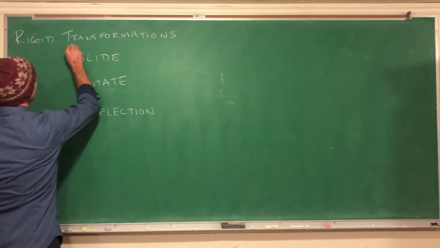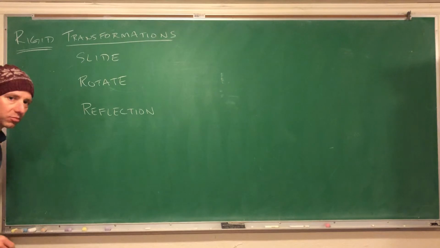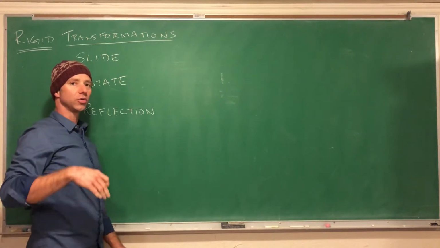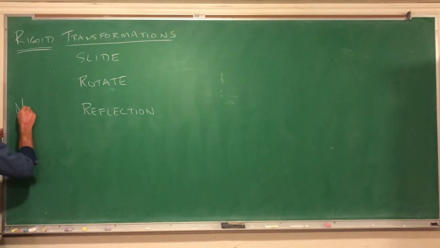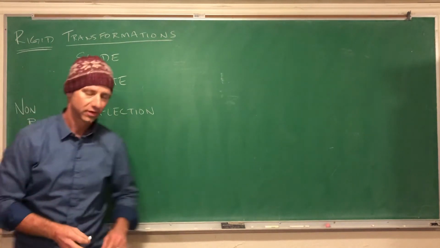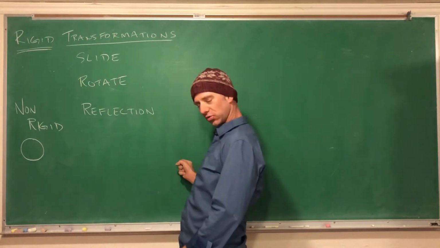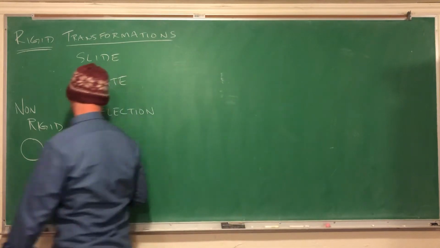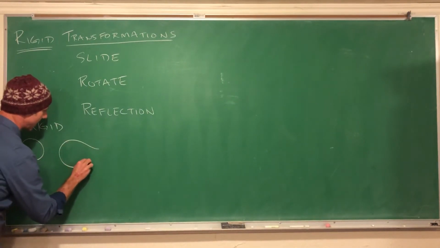Now, the other part to this is rigid. The rigid part's pretty important. So let me show you what's non-rigid. That's going to be like this. If I take a circle and I were to grab it and pull it this way and slide it across, it would shape something like that, right?